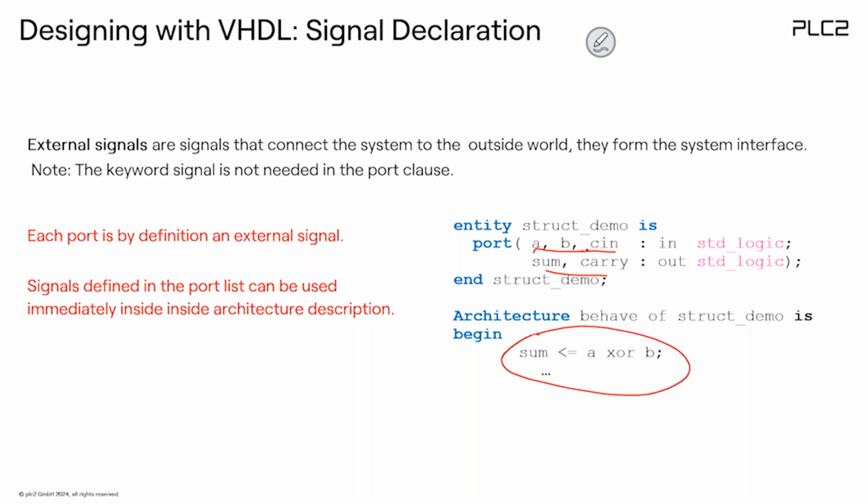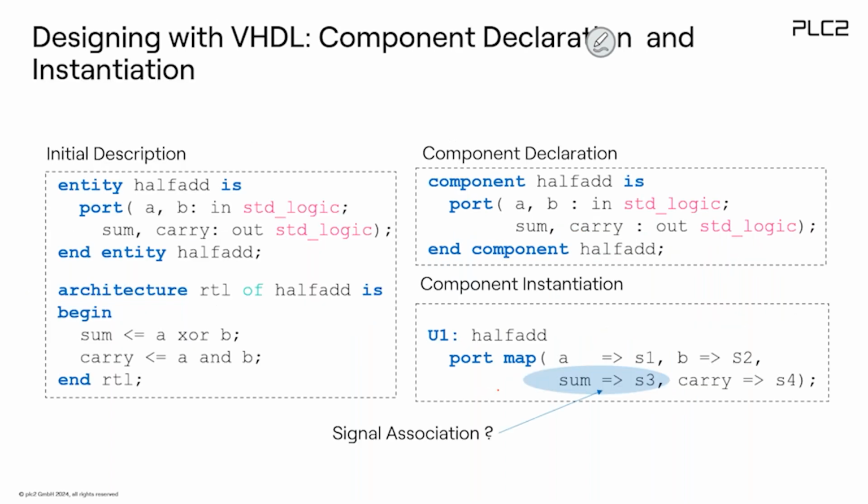It's rare, because usually you do need some internal signals, but this is the rule. All signals which are used in the entity might be used immediately in your description. Like here, that's again the definition. We know already the example, so we use the signal here, and we can use it immediately.